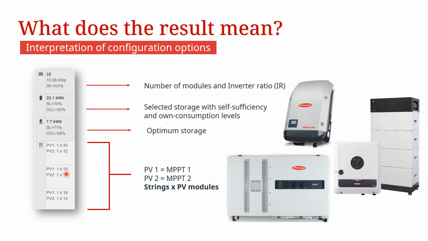So you have the possibility to vary in this case. And this is very helpful if you have, for instance, a roof design that is not able to accommodate an equal number of modules on either side. Therefore, the solar configurator is able to verify whether these string variations would work with that particular inverter without affecting or damaging the inverter.